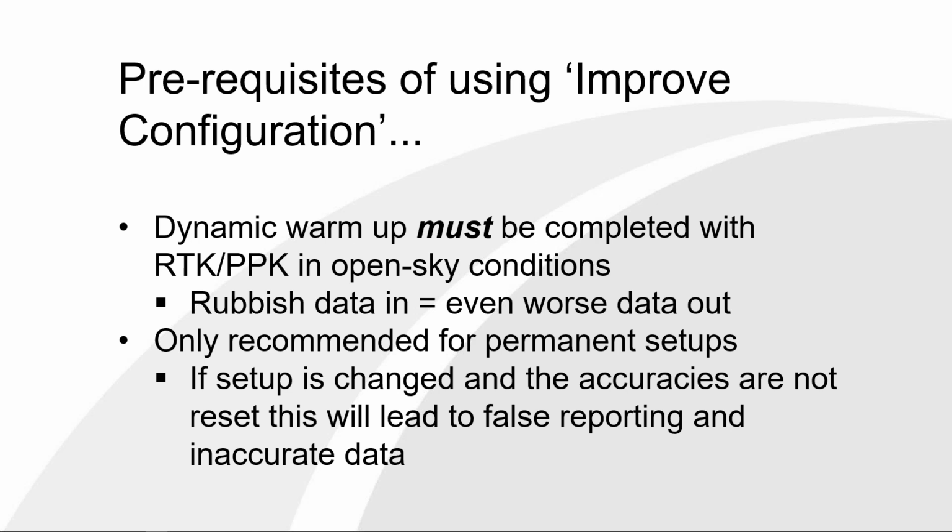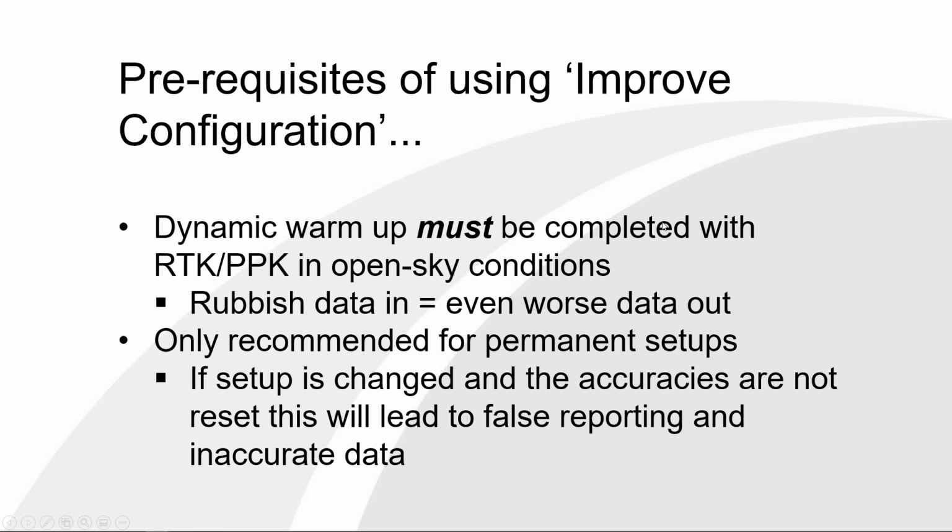The reason for this is if we get rubbish data in, so if you're not using corrections and your data is only accurate to 30 or 40 centimeters, then there's no way that we can refine an antenna lever arm to within 1 centimeter.